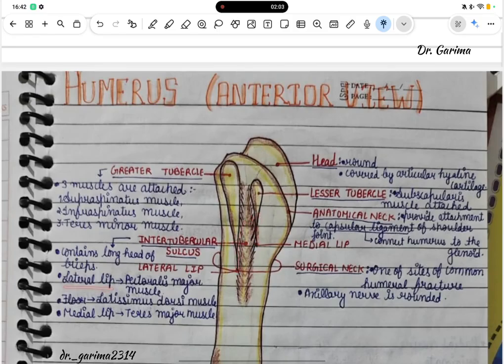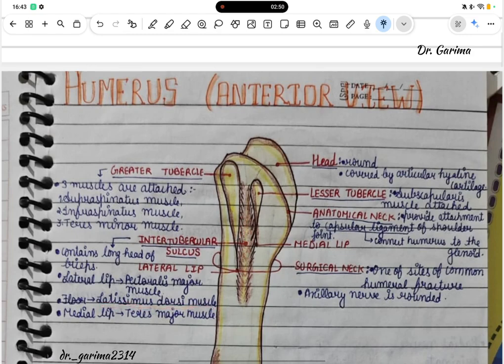On the lateral lip, there is the pectoralis major muscle, and on the medial lip, there is the teres major muscle. On the greater tubercle, we have the teres minor muscle. And on the floor of the intertubercular sulcus, we have the latissimus dorsi muscle.